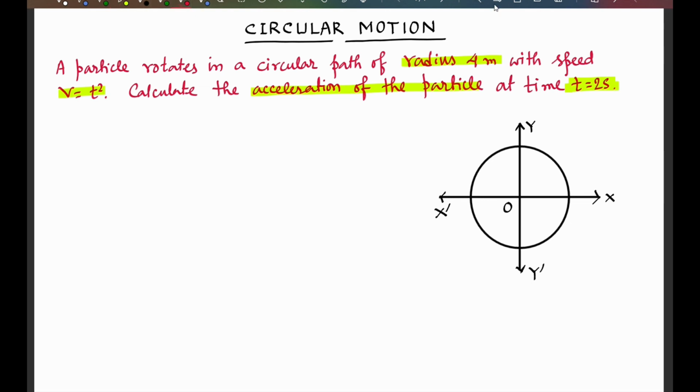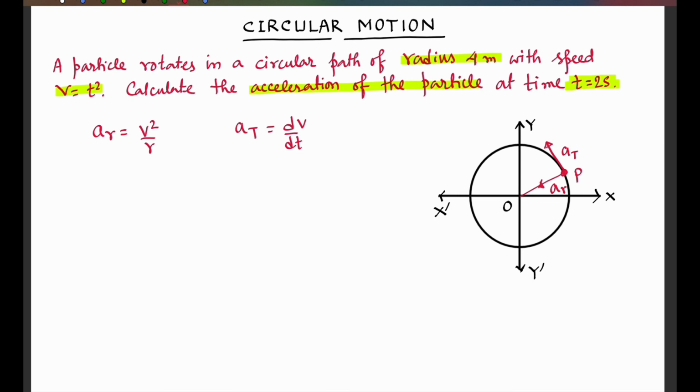Suppose at any instant the particle is at point P here, one acceleration is the radial component, and another component is tangential, this is a_t. We know that the radial acceleration a_r is v square by r, and tangential acceleration a_t is d/dt of v.